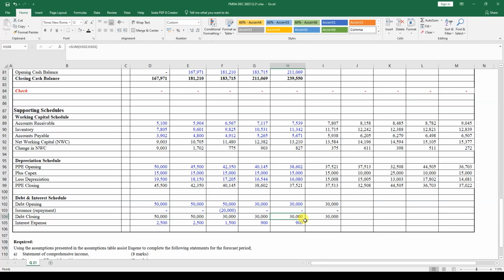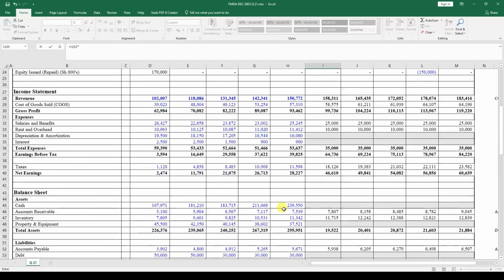We wait for the plus sign that looks black like that, which is over here, and then we drag it moving towards the right. How do we get the interest expense? The interest expense is based on the opening value times interest on the assumptions section.